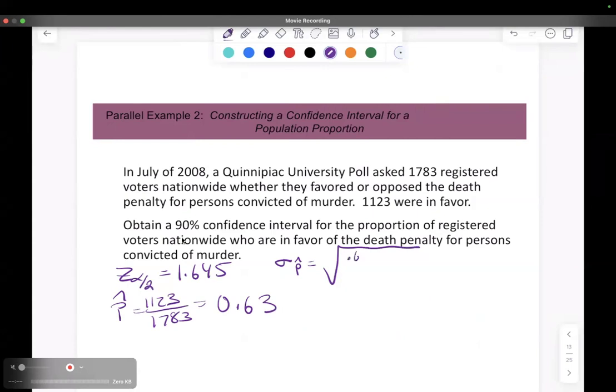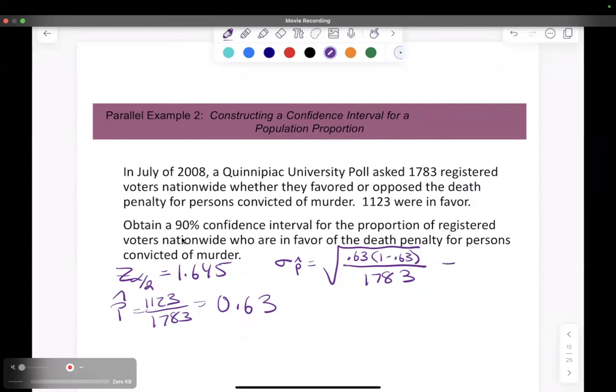So I'm going to do 0.63 times 1 minus 0.63 divided by our sample size, which is 1783. So it's 0.63 times 0.37, divided by, I need parentheses, sorry, 1783.